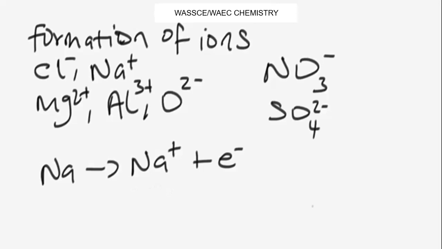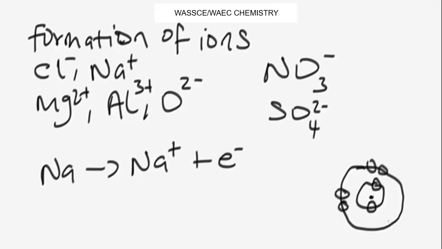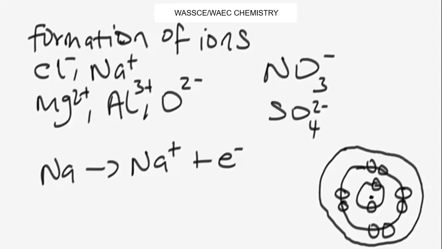Now let me show you. Let's do the structure of sodium. So this is the sodium atom. This is the nucleus, this is the first shell, and this is the second shell. As we all know, sodium has atomic number 11. So this will be the structure, and we have the remaining electron to be here.